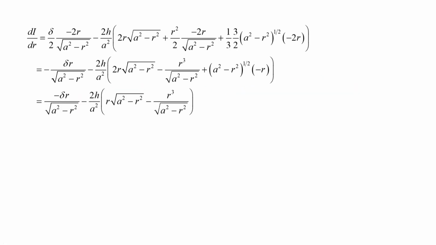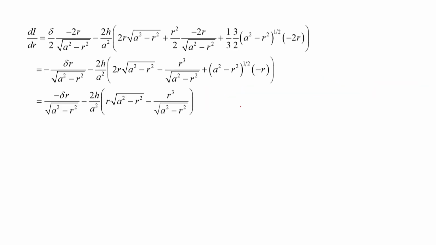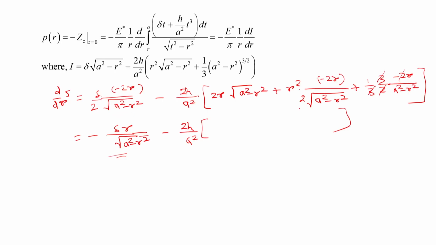We need to take all these points together now. So we will get these two terms, r into a square. Let's see what we get. We get r into square root of a square minus r square minus r cube into square root of a square minus r square. So this r cube we get from here. So 2 gets cancelled, and I get here minus r cube into square root of a square minus r square, and from here there should be a square root because it is minus.